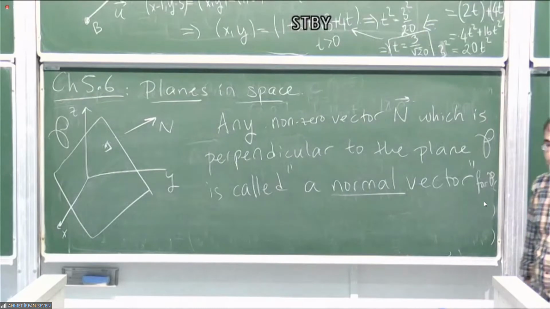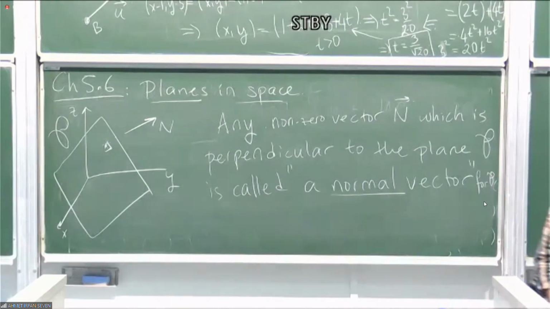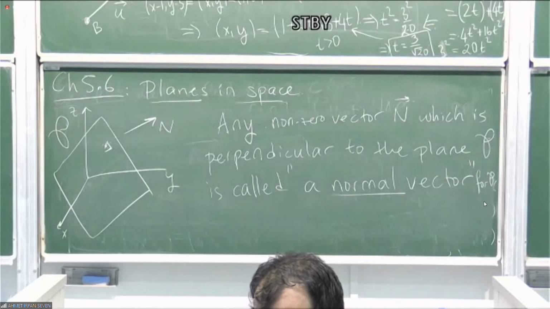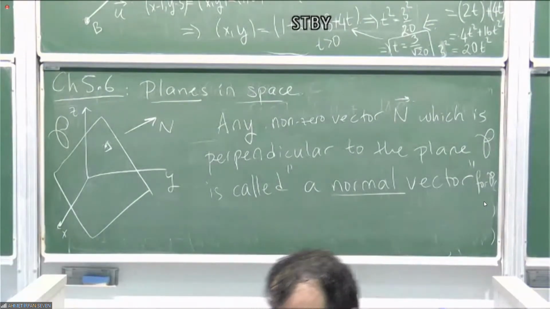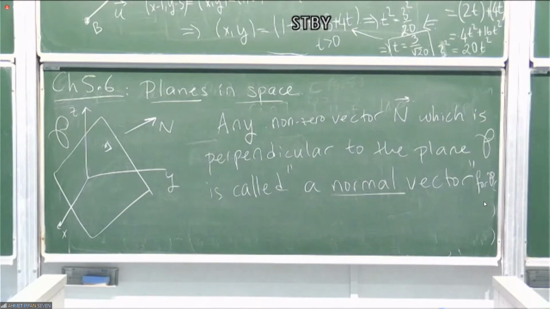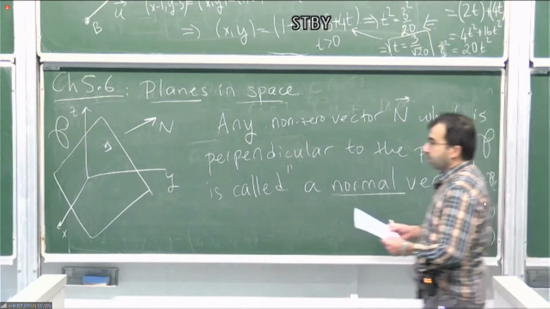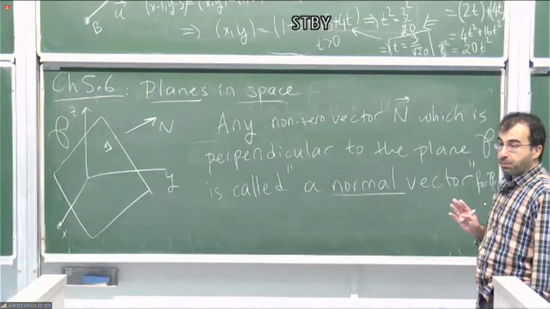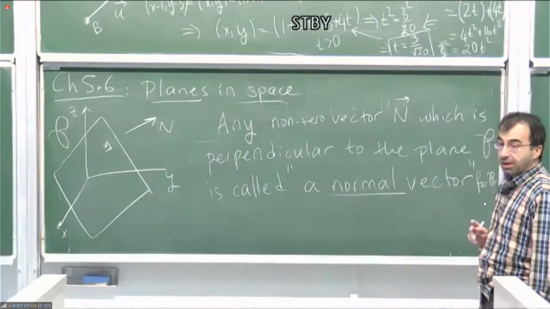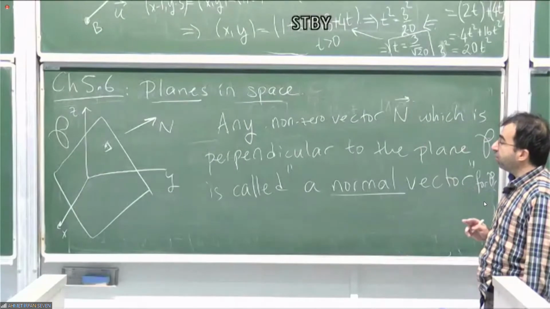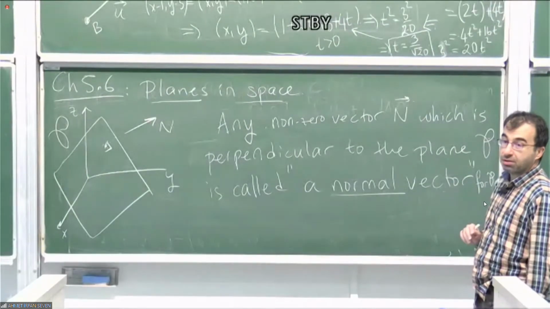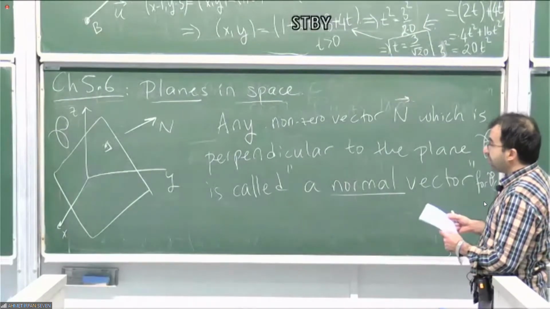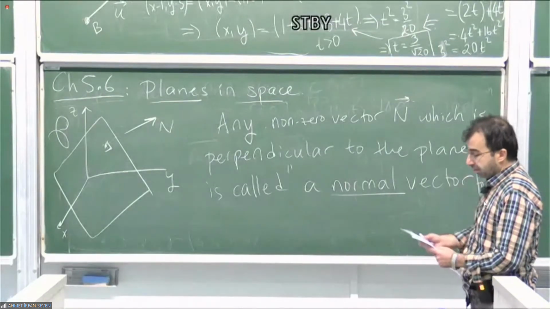This is similar to the direction vector for lines. For lines, the direction vector was, if you remember, parallel to the line. However, here we use a vector which is perpendicular for planes. Okay, now using this, we can find an equation for this plane.